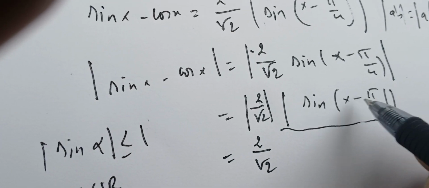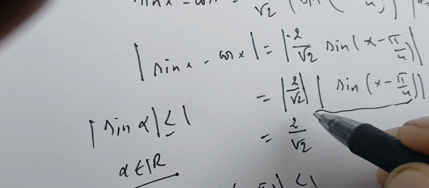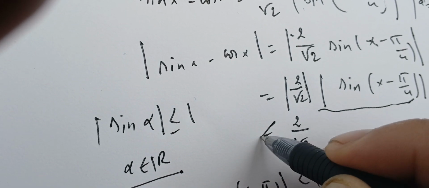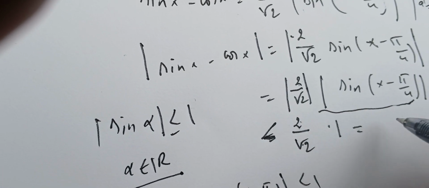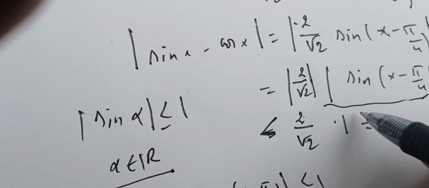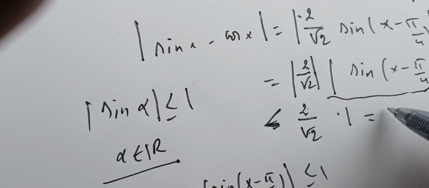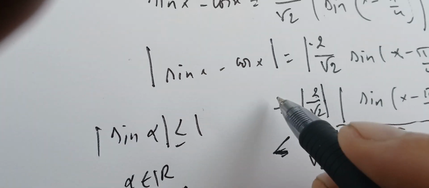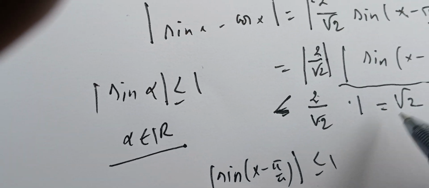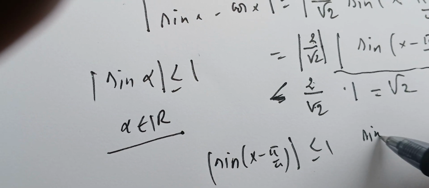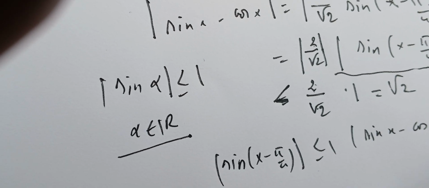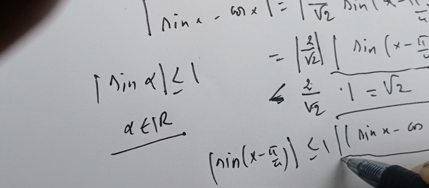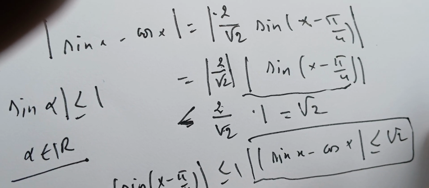So this is less than or equal to the square root of 2 over 2 times 1, which is, so the 2 over square root of 2 is just the square root of 2. And this means that the absolute value of sine of x minus cosine of x is less than or equal to the square root of 2. And that's what I need to prove.